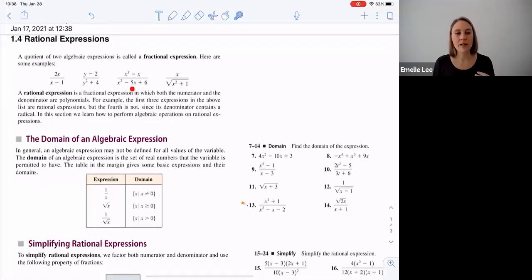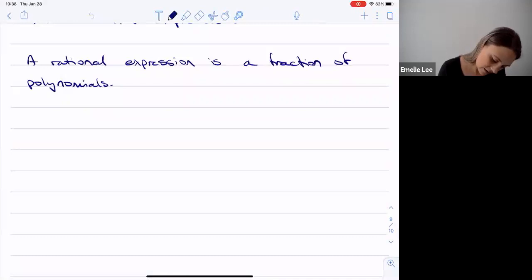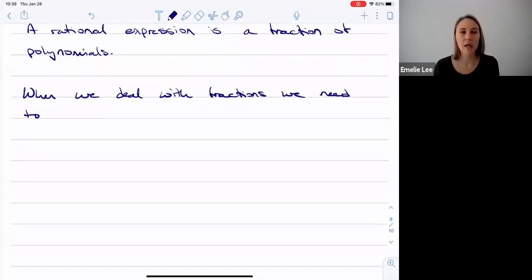When we're talking about fractions, okay, we need to talk about the domain of an algebraic expression. So an algebraic expression is just anything, addition, subtraction, division, multiplication. Okay, so when we deal with fractions, we need to figure out what the domain is.